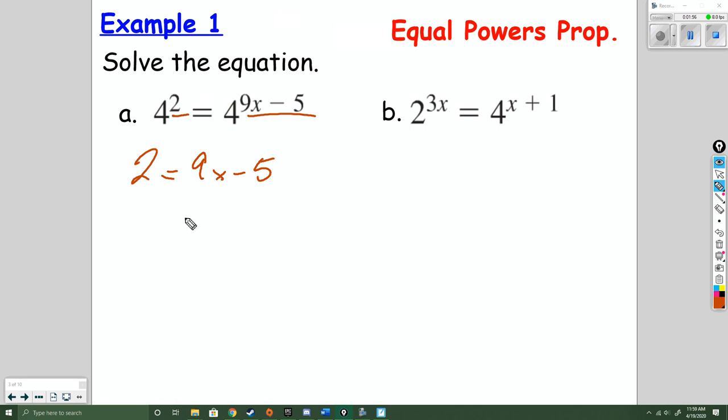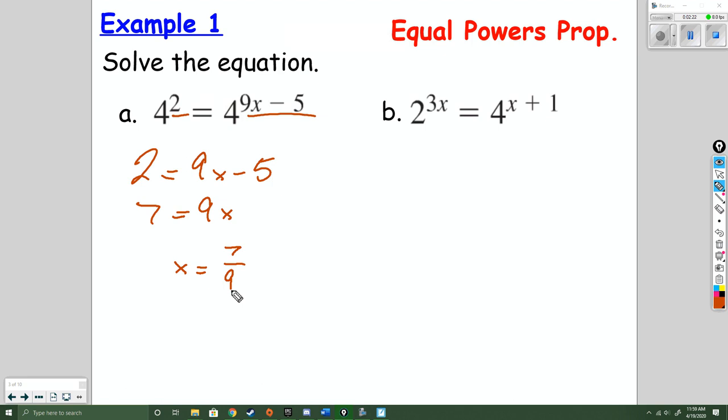We can just add 5 to both sides, divide by 9, and we get x equals 7/9. Now that would take us maybe a little while if we were just doing guess and check and plugging random values in for x. So using these exponent and logarithm rules is going to be really helpful for us so that we eliminate some of that time.